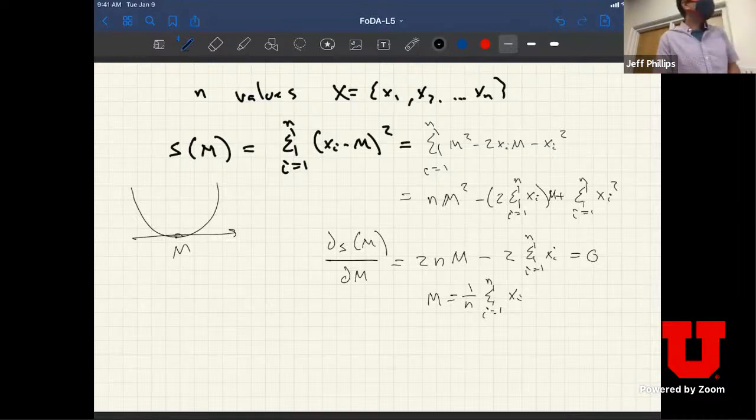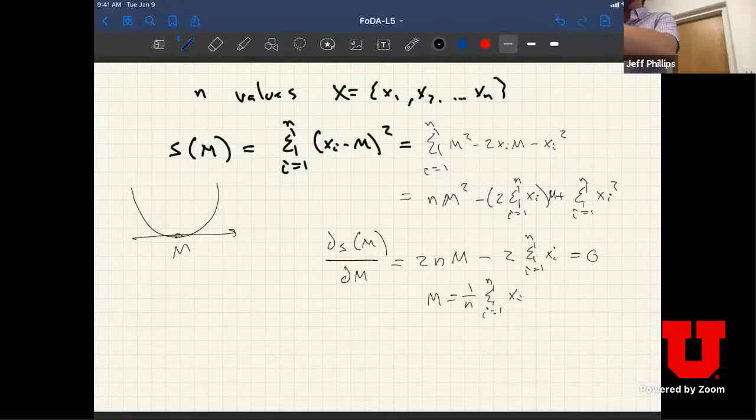You can check, I can take the second derivative and check that it's positive, and that means it's curving upwards, so that's actually the minimum. And if you wanted to do this with weights, you push the weights through here, and you'll get the weighted average. But I'll leave that as an exercise. I think it's useful to see in case you haven't seen this before.